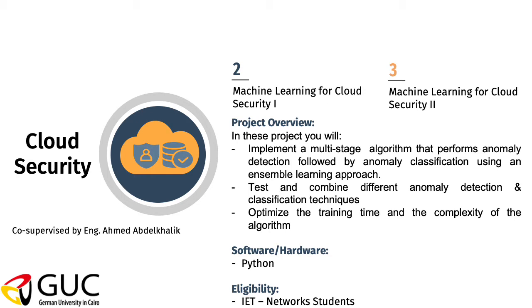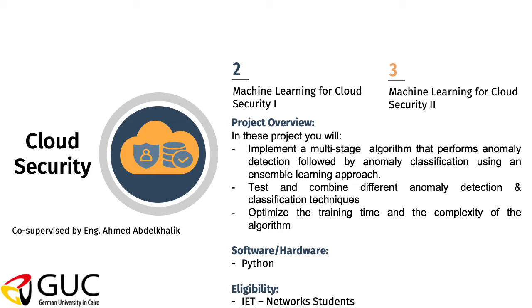Now, the second and third projects in this research group of cloud security are titled Machine Learning for Cloud Security, Project 1 and Project 2. What these two projects are going to do are basically the two steps of anomaly detection. At first, we always need to examine the behavior of the cloud to understand if this is an anomaly or not.